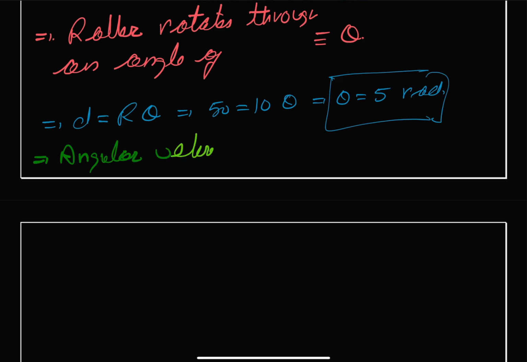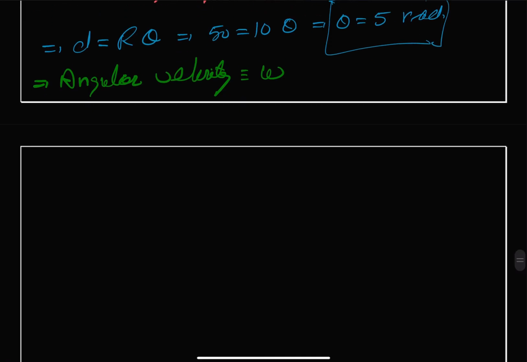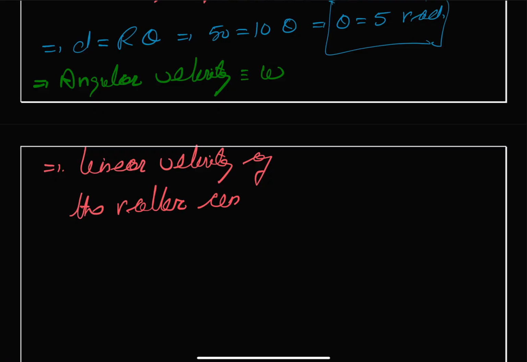Let the angular velocity be omega. Therefore, the linear velocity of the roller center, V center, will be equal to r times omega. So this comes as 10 omega.